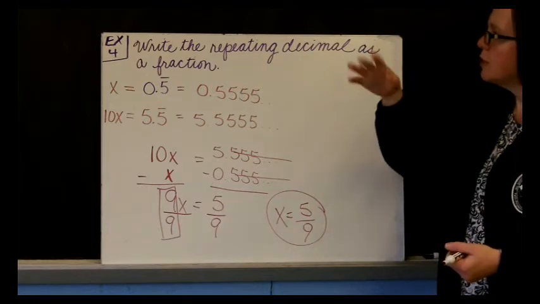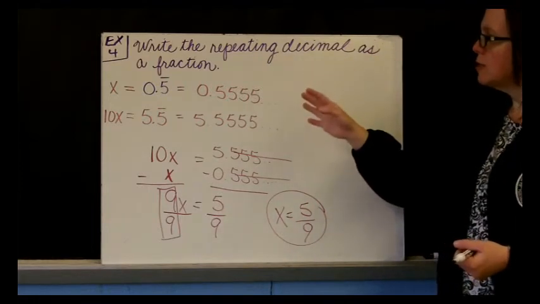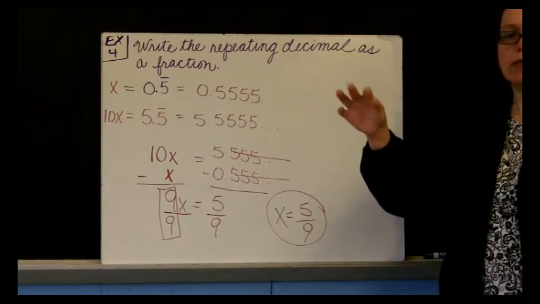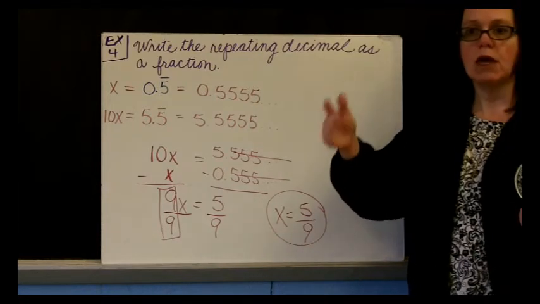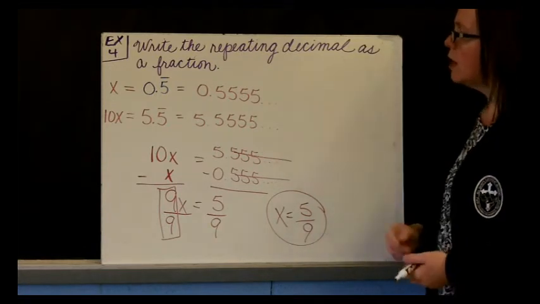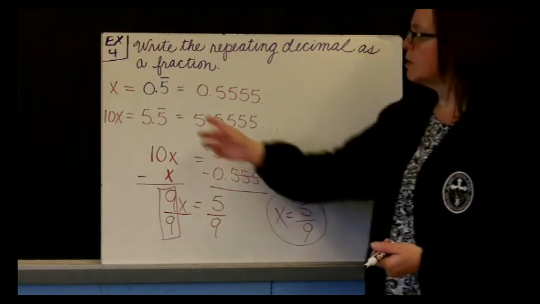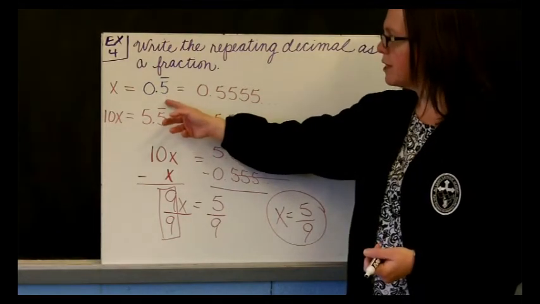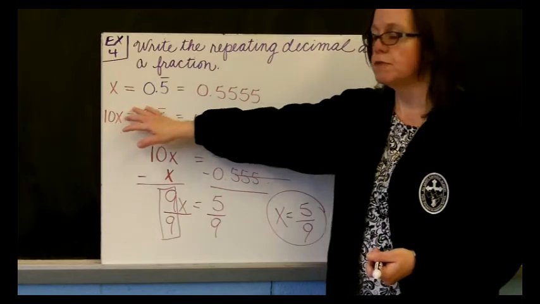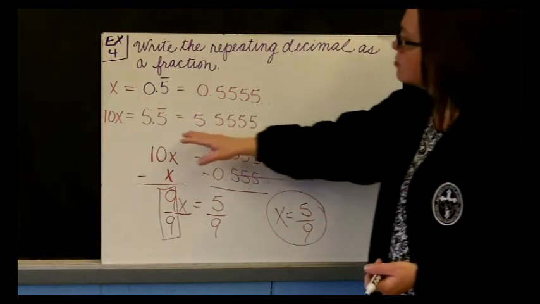Now what we're going to do in our next example is do a problem like this. It'll be a little bit more complicated because the repeating decimal is in a different place, but we're going to be following the steps. Just to recap what we did here in example 4. We took our original repeated decimal that we were given, and we named it x. And then I multiplied it by 10.